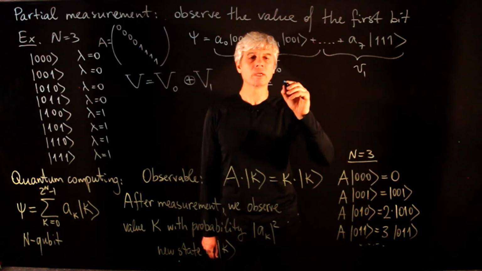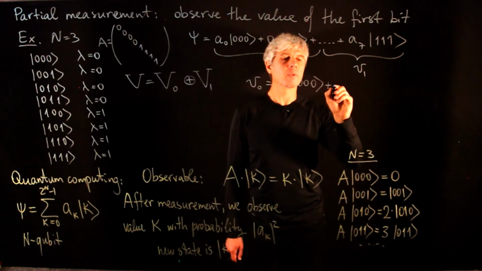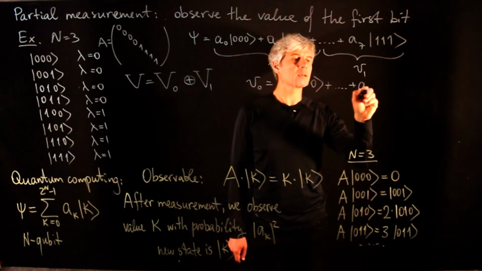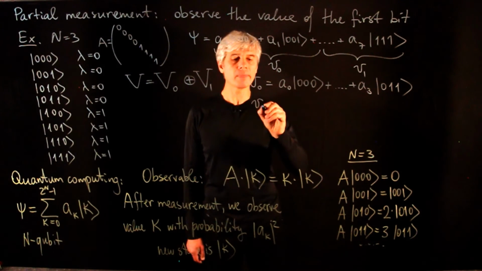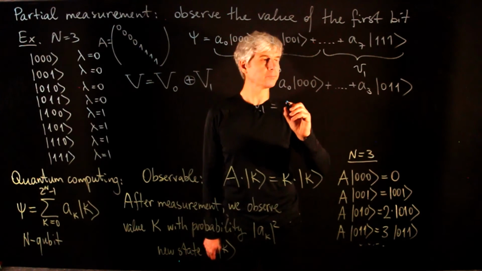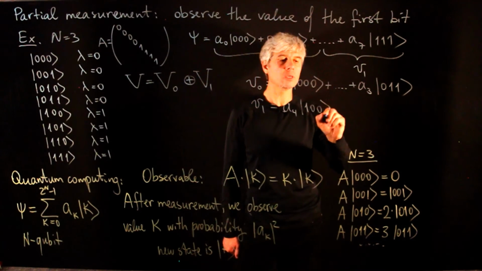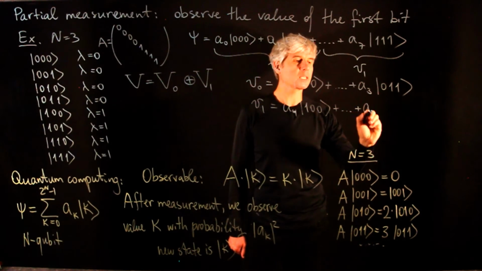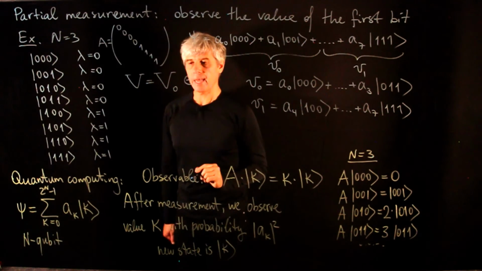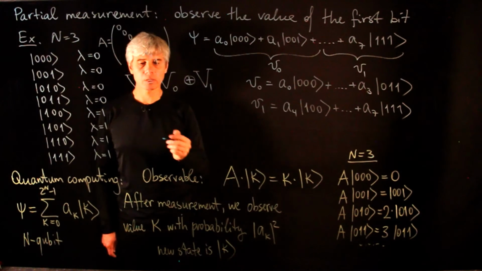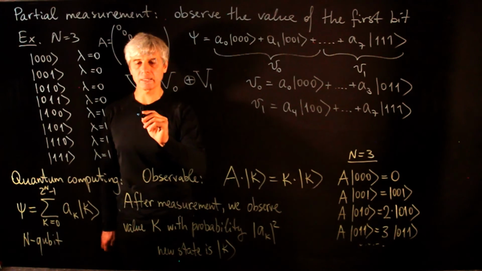So V0 is A0 times 000 up to A3 times 011, and V1 is going to be A4 times 100 plus up to A7 times 111. Right. And so the outcome of this observation will be probabilistic.